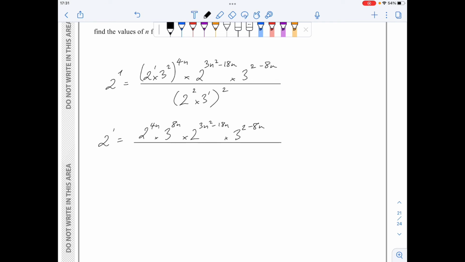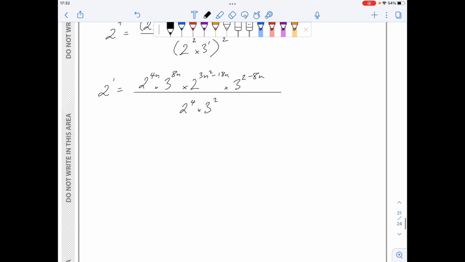And then in the denominator, I get 2 to the power of 4 times 3 to the power of 2. Now, I will proceed to simplify the numerator of the right-hand side. I can do so by adding the powers of 2 and also adding the powers of 3.